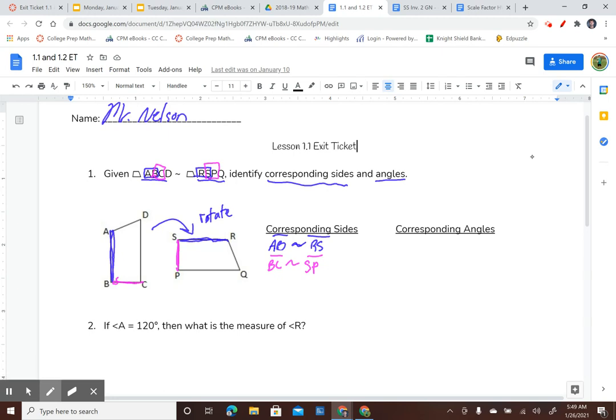And then we look at C to D and P to Q. Notice we're just going in order here. A to B, B to C, C to D. Same with this figure here. And then finally, we're going to end with D to A and Q to R.